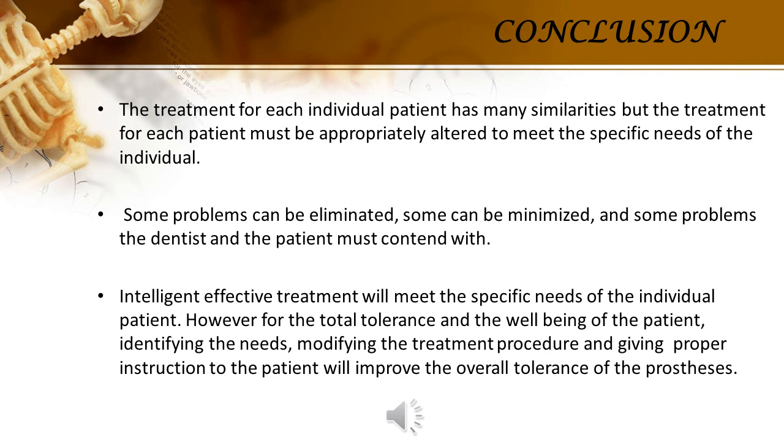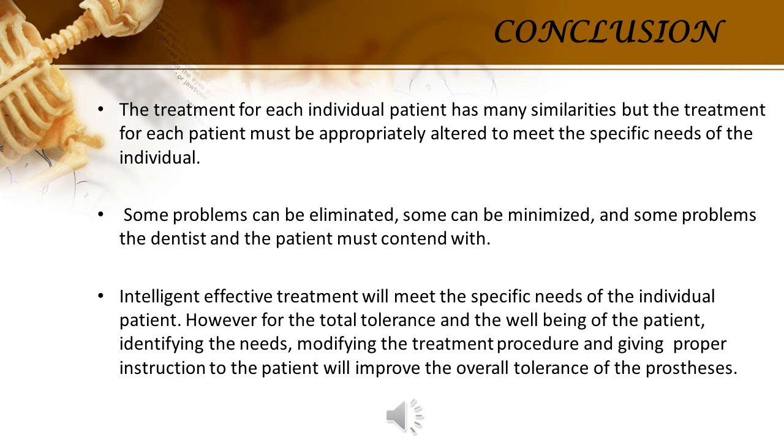Conclusion. The treatment for each individual patient has many similarities, but the treatment for each patient must be appropriately altered to meet the specific needs of the individual. Some problems can be eliminated, some can be minimized, and some problems the dentist and the patient must contend with.